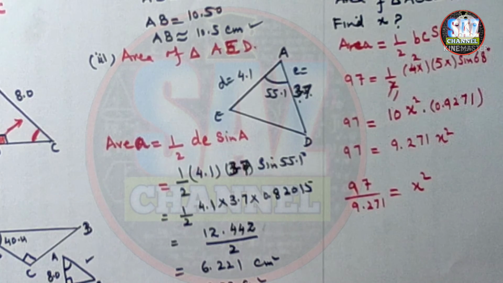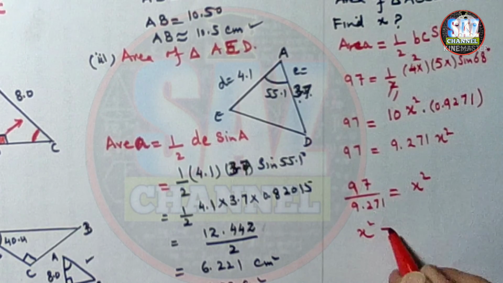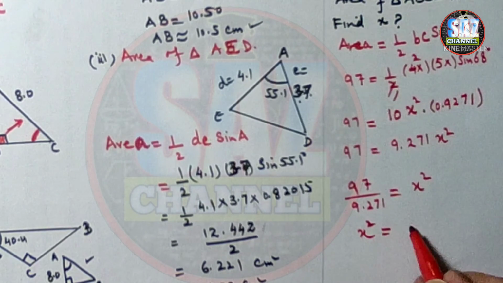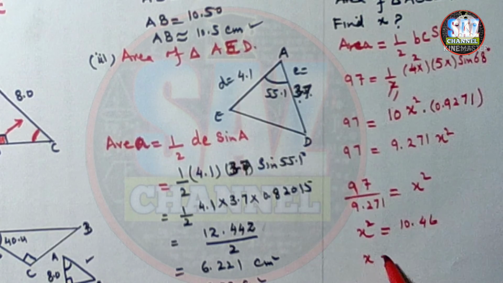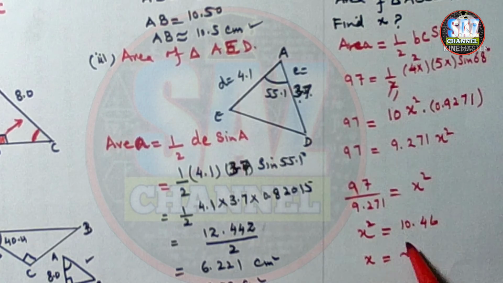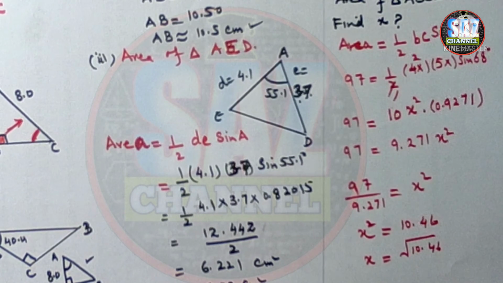Divide 97 by 9.271, and this gives me x square equals 10.46, and in order to get length, I have to take the square root of 10.46. Square root of 10.46 gives me 3.23.